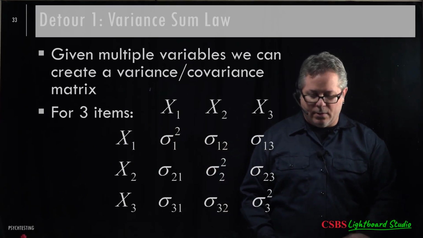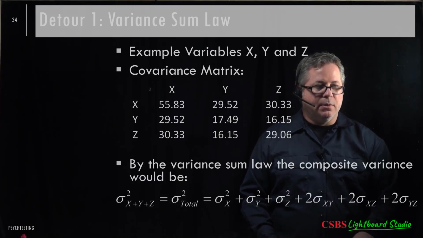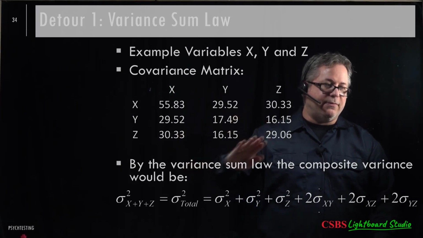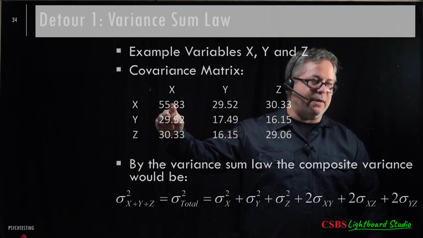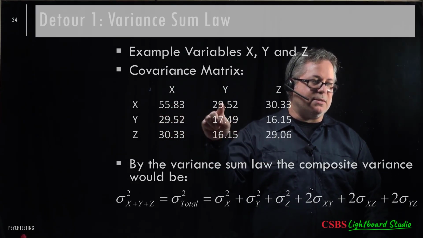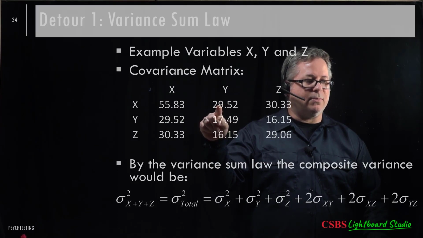All right. So here is a covariance matrix for x, y, and z. Given the format, we know that this is the variance of x, this is the variance of y, this is the variance of z. Who wants to tell me what this one is?